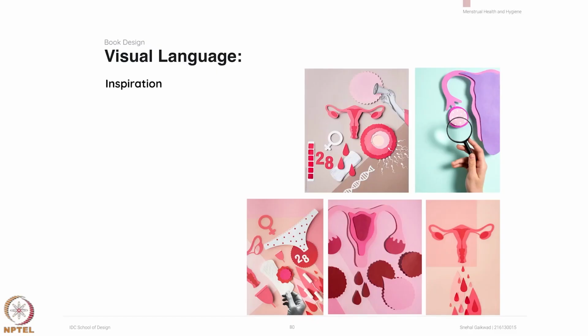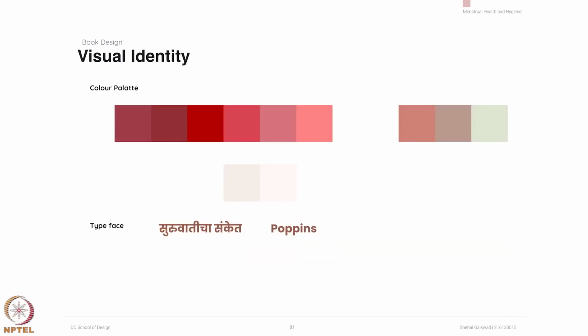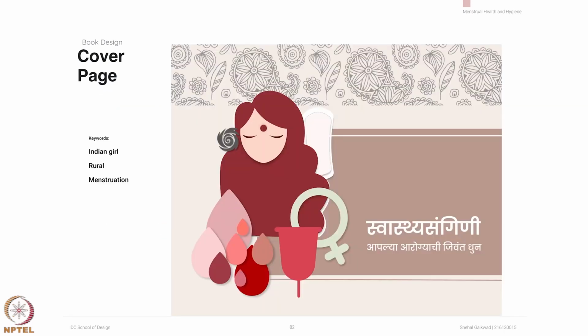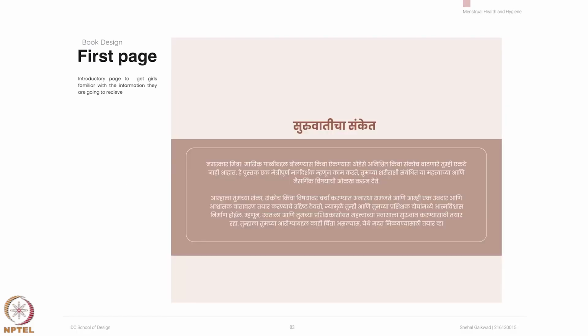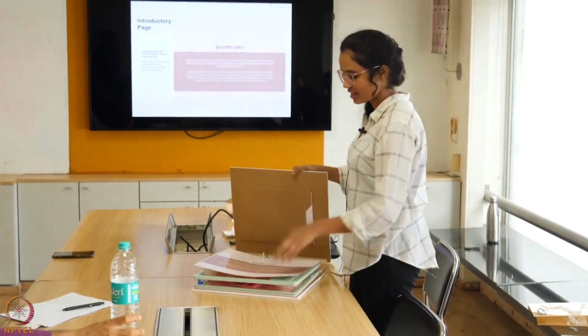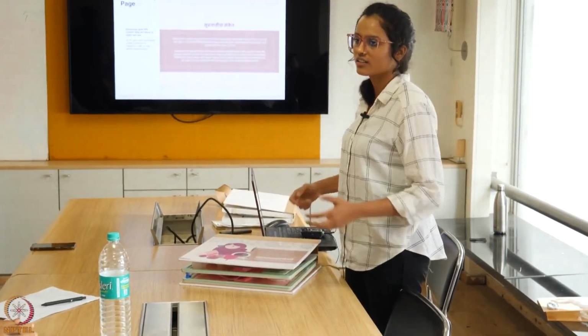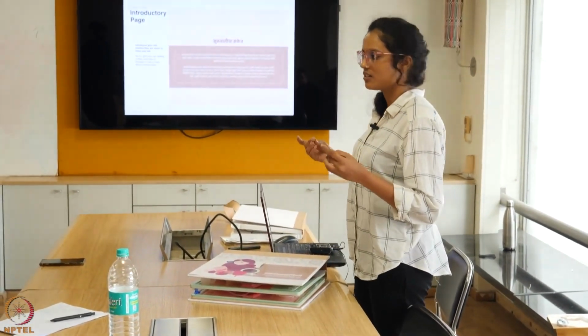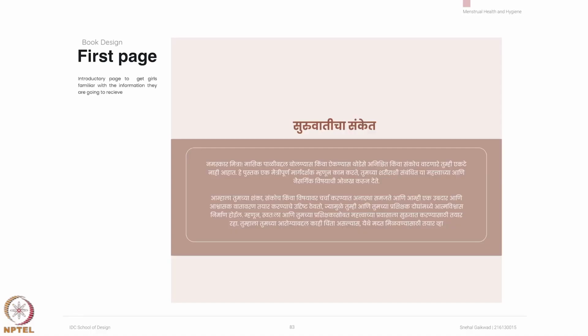So this was my inspiration for visual language, and then I picked a color palette and typeface. Then this was a cover page where keywords were Indian girl, rural, and menstruation. If I open a book directly and show them a uterus model, they might get scared or uncertain or a little hesitant.